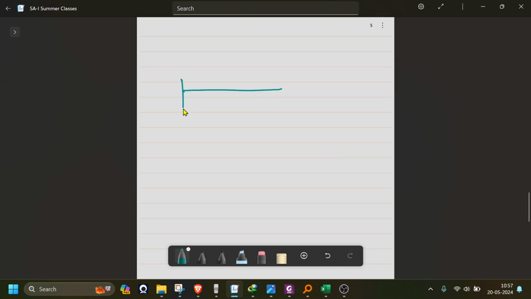This is my fixed beam, right? So, Rohit, can you tell what is the external indeterminacy for this structure? 6 unknown forces. Good.